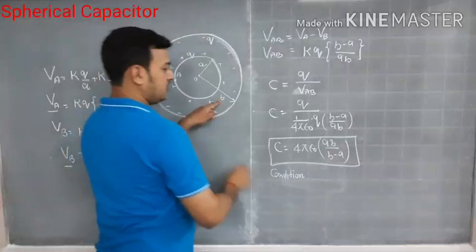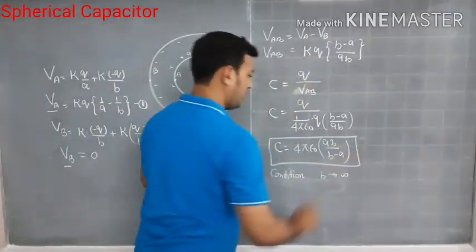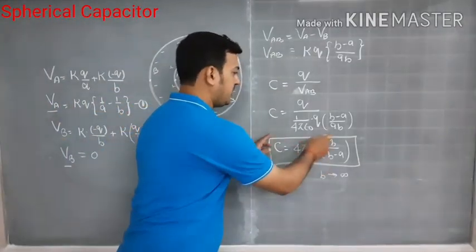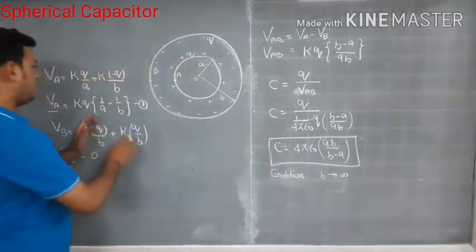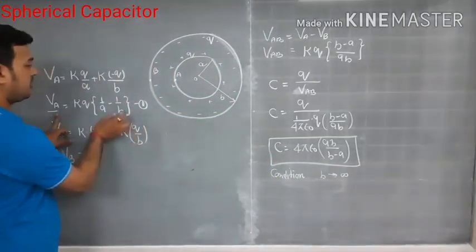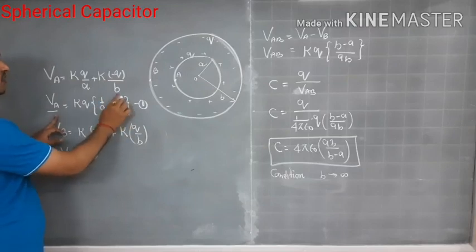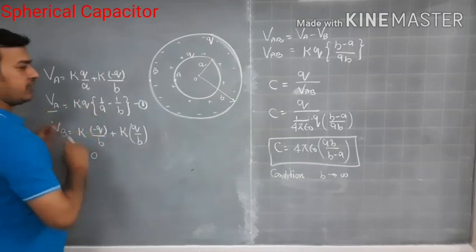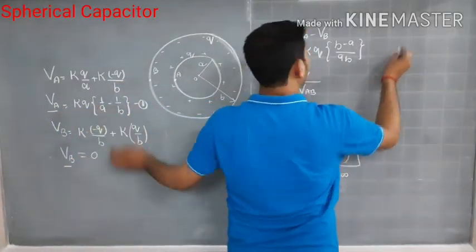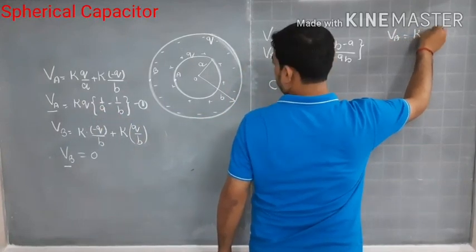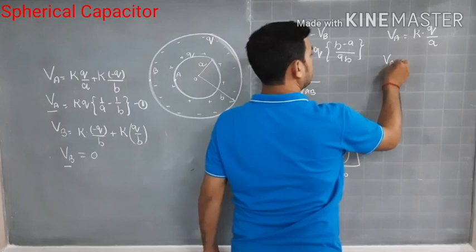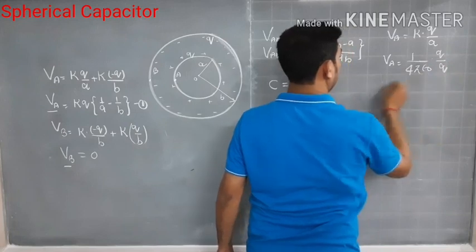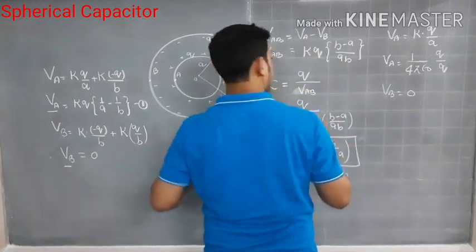In that case B tends to infinity, and if you apply this condition here, this term will be almost 0, and the final potential at A will become KQ by A. So the potential of A will be K times Q by A, and if I put the value of K, this is going to be 1 by 4 pi epsilon naught Q by A. The potential of B is 0 as we have calculated.